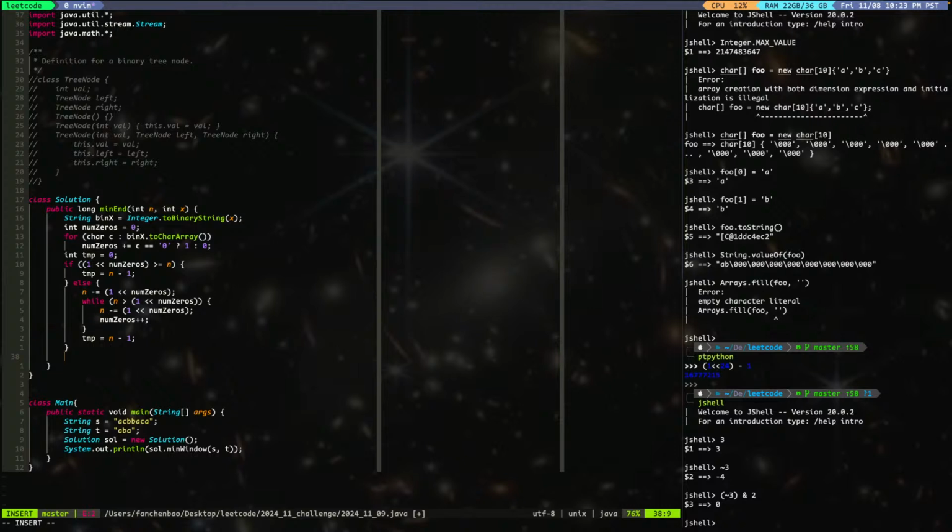Okay, so now we can create, I want to say char array, right? Char array, but how long this char array needs to be? Now that is a very good question.